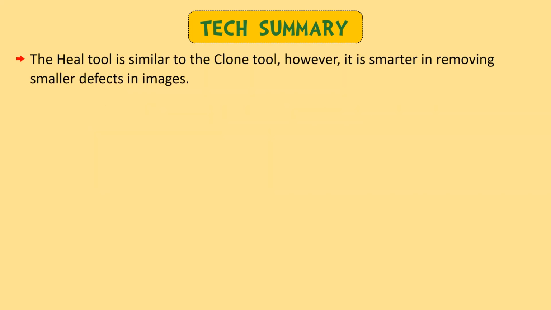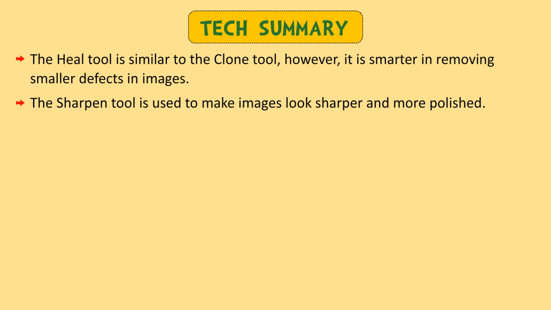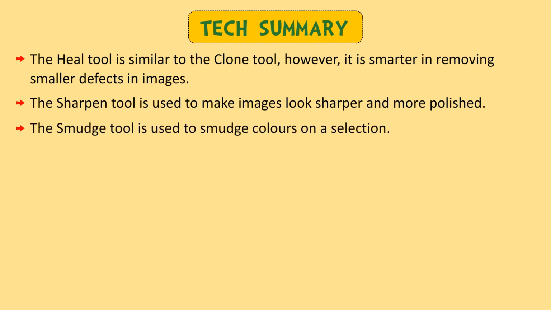The Heal tool is similar to the Clone tool. However, it is smarter in removing smaller defects in images. The Sharpen tool is used to make images look sharper and more polished. The Smudge tool is used to smudge colors on a selection.